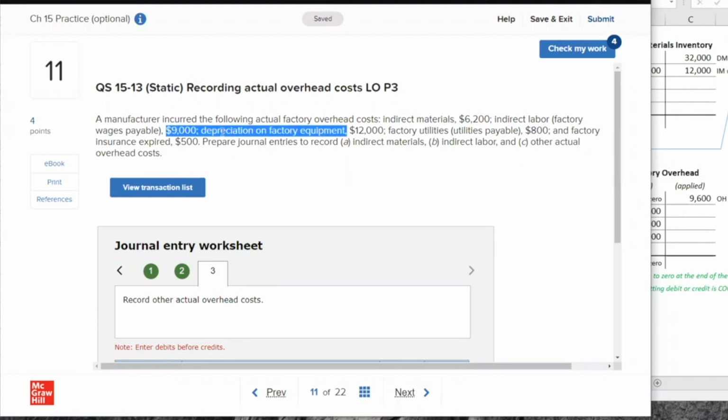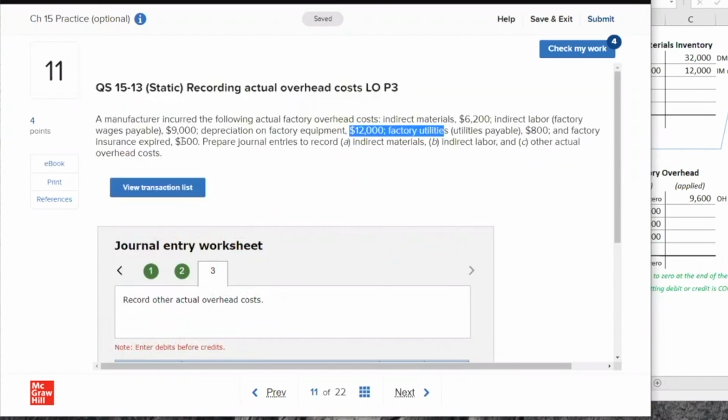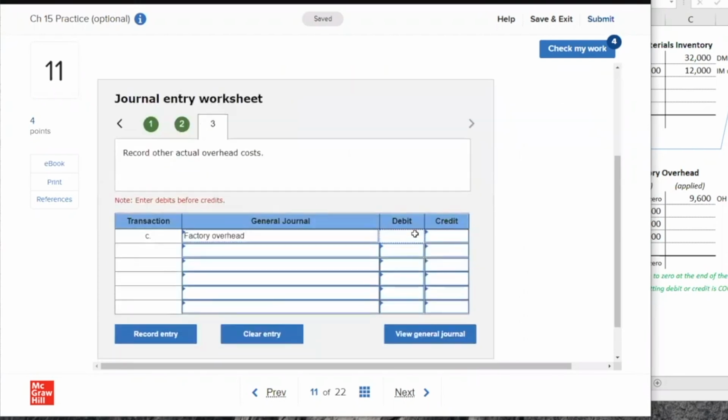Is that included in overhead? Yes, because it's factory equipment. Factory utilities, yes, because it says factory. Factory insurance, yes. Just those three things then. So we've got 9,000 plus 12,000 plus 800, right? That's 21,800. And the insurance expired. Oh, sorry, 500 as well. That's 22,300. So that's my overhead.